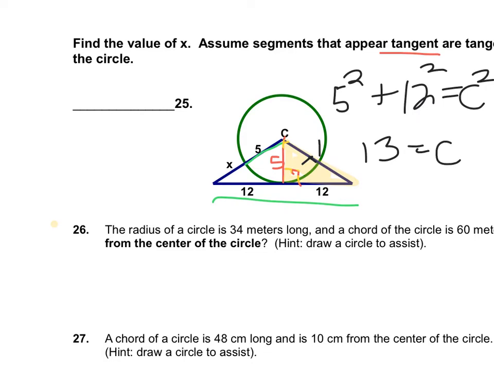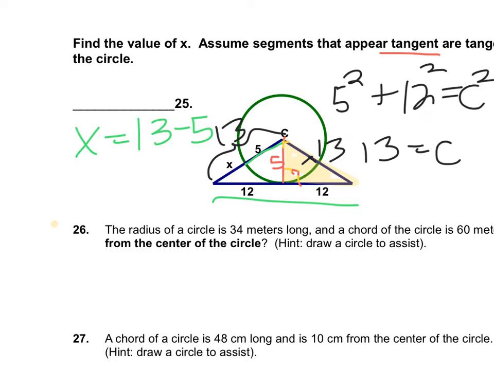So if it's 13 on this side, then it's also 13 over here, but they're not asking for the hypotenuse, they're asking for x. So to get x, I'm going to do 13 minus the radius of 5 to get the outside segment. And that's how I came up with the 8.